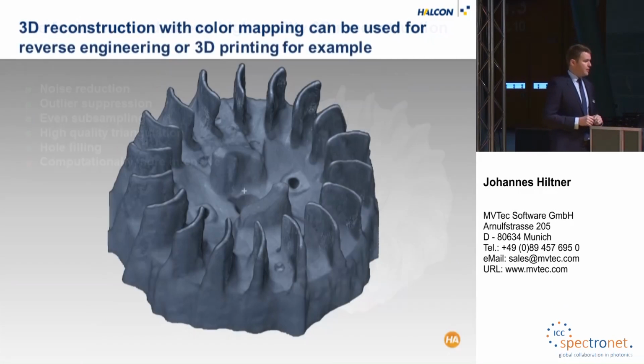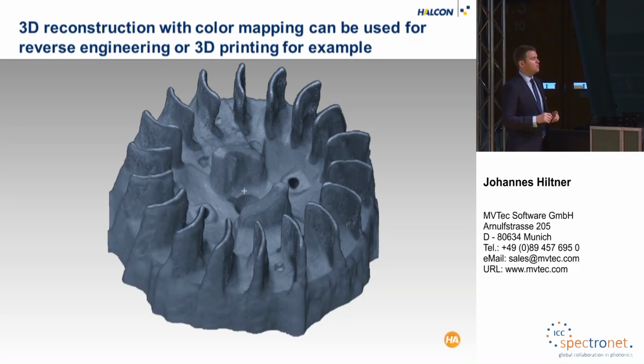This is just another nice example of how high quality these point clouds look. We can even use the color mapping from color cameras in order to reconstruct colored 3D point clouds. Might be usable for 3D printing, for example.